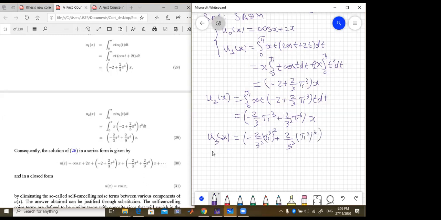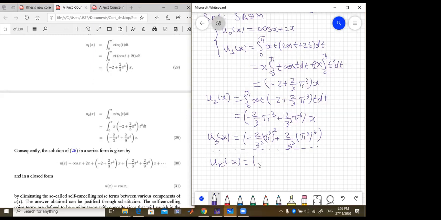Okay, so in general, I can write uk of x is, look, here 3, here 3 power 3 power 2. Can I generalize in this form? So one is plus, one is minus. Here square, here cube.